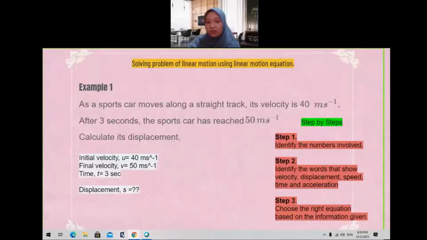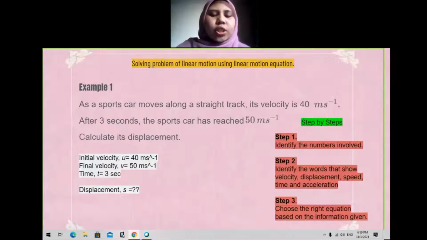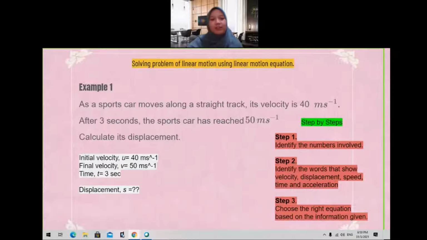This is the initial velocity, because the question says the start velocity of the sports car is 40 meters per second. And the final velocity: the car has reached 50 meters per second. And the time is after 3 seconds. It says calculate its displacement, so this question wants displacement, right?